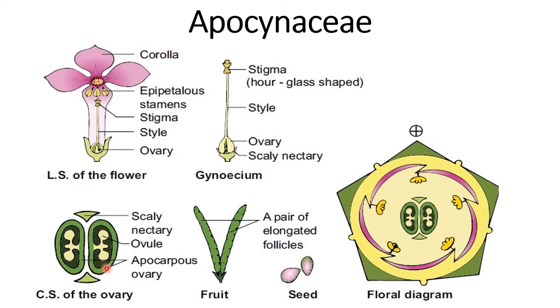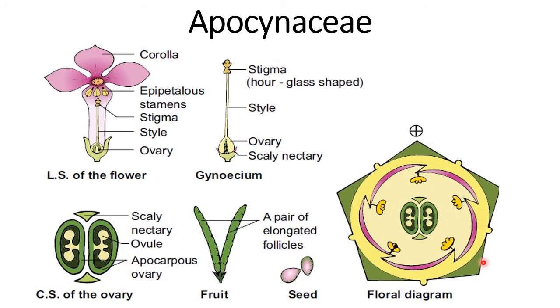This is a bicarpellary syncarpous ovary with scaly nectary. This is a fruit, and this is one follicle, this is another follicle, and this is actually called a pair of follicles. And once this follicle is open, you can see these kinds of seeds are present.